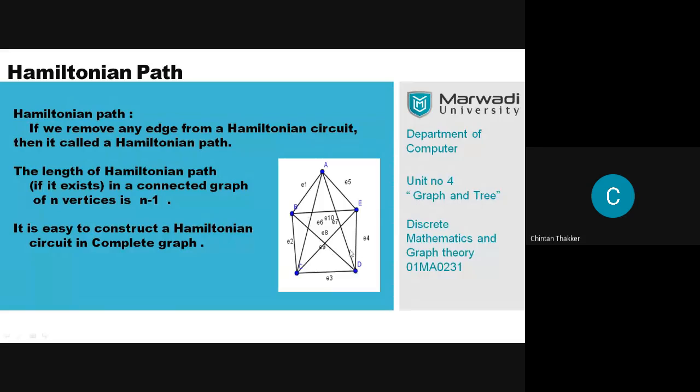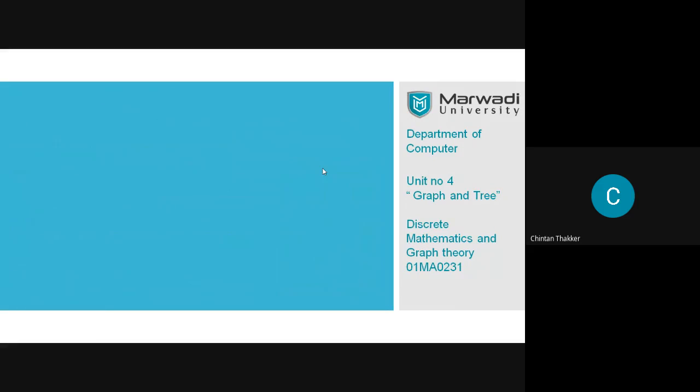So in this closed walk we get A, E1, B, E2, C, E3, D, E4, E, then E10, B, E8, D, then E7, A, then E6, C, then E9, E, then E5, A. This closed walk contains every edge, so it is called Euler line.